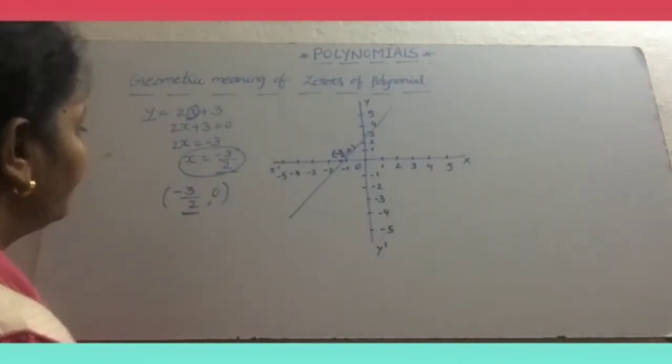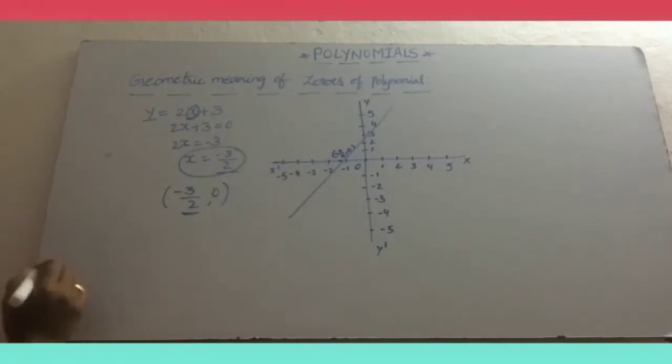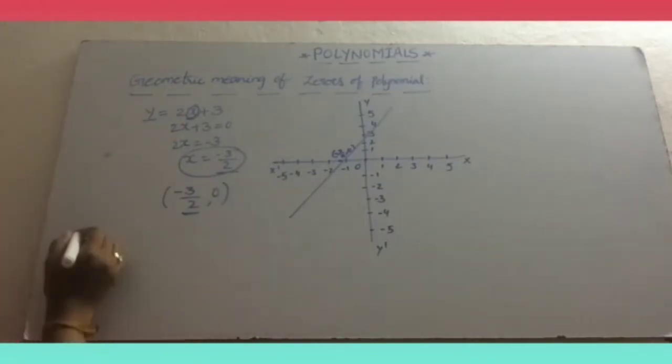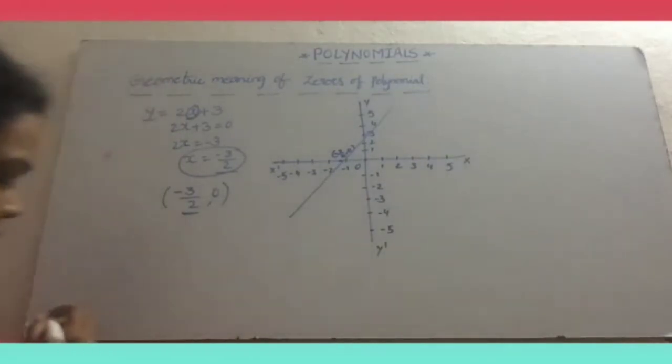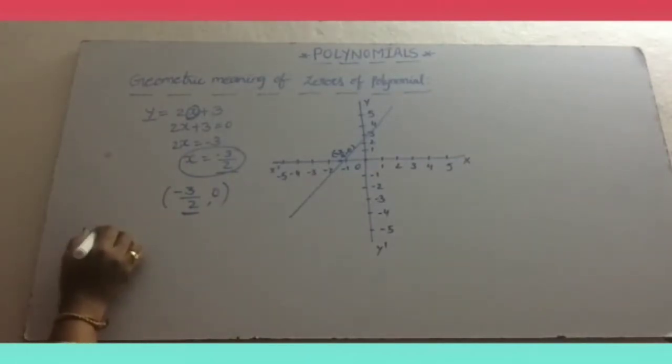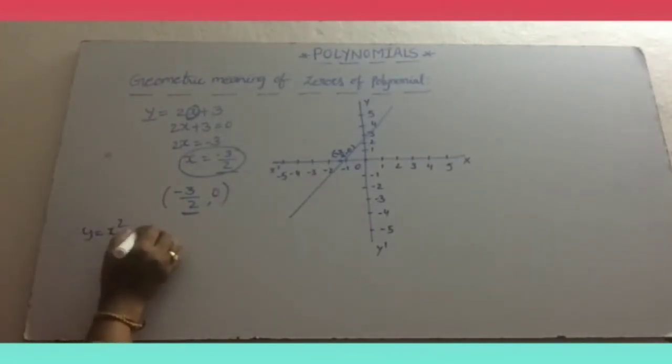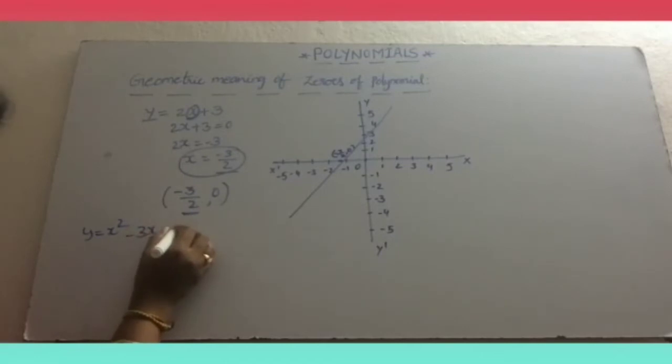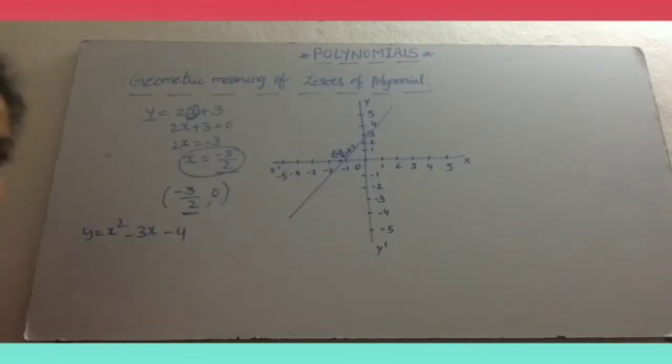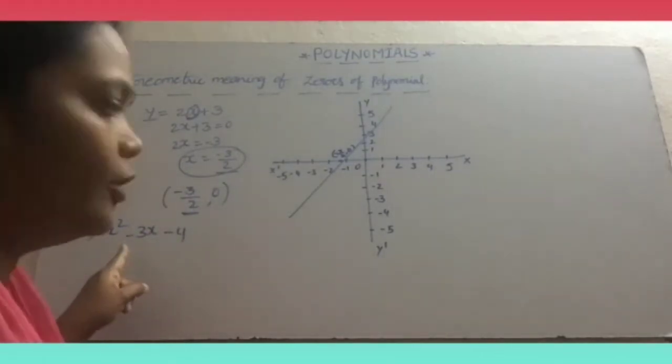And I will take another example, a quadratic. I will take the quadratic polynomial y equal to x square minus 3x minus 4. Now we will find the roots of this polynomial.